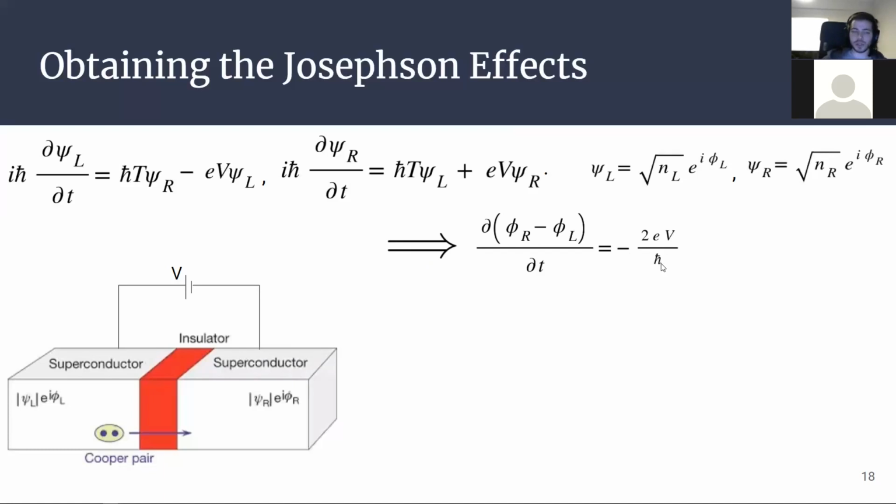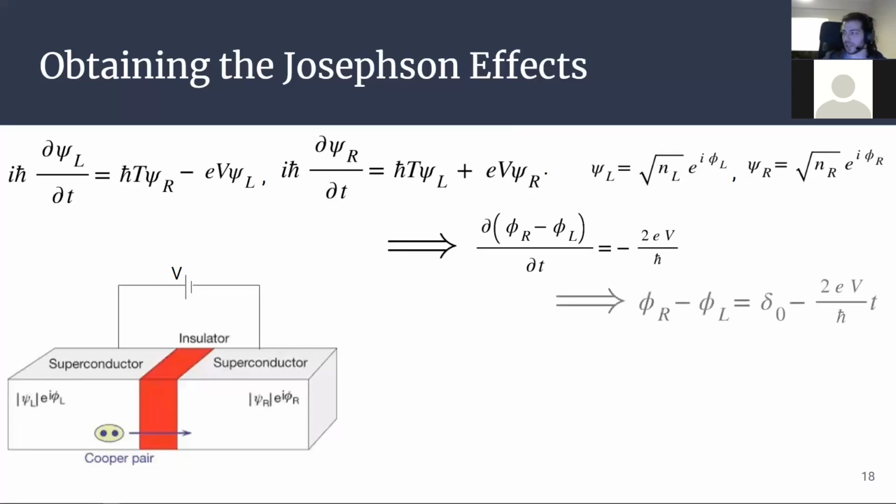Since we are interested in superconductors, as long as you see an e, you should see a 2 next to it, because the charge of the superconducting carriers is 2e, not e.